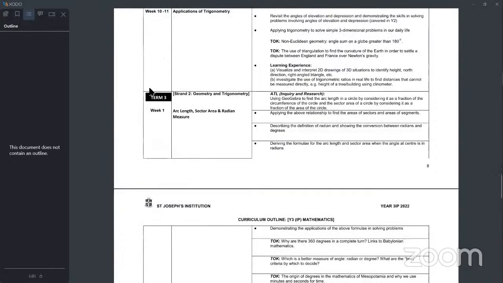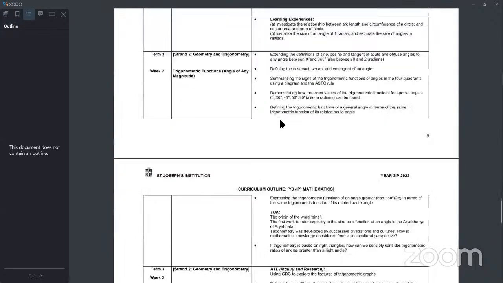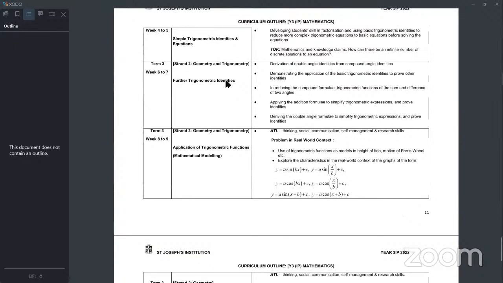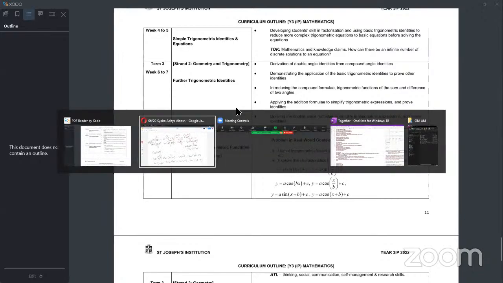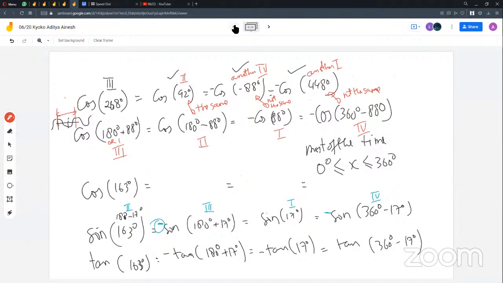This is your arc and sector we covered before the holiday, before the trip. And then what I call the AMAT trigonometry will start from supposedly week 2, all the way until week 9. Something like that. So that will be your AMAT trigonometry.